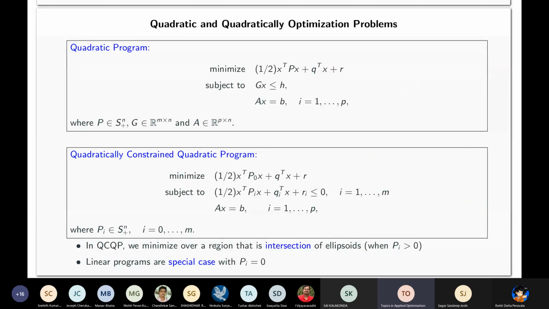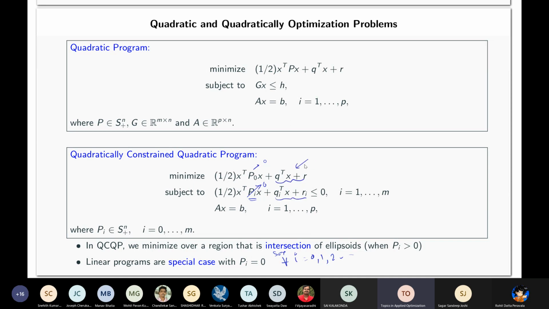Now, you can get special cases of the problem if you encounter, let us say, Pi equal to 0 for all i equal to 0, 1, 2, and so on. If Pi is 0, then this guy will be 0, and this guy will be 0. So I will be left with this, and I will be left with this.